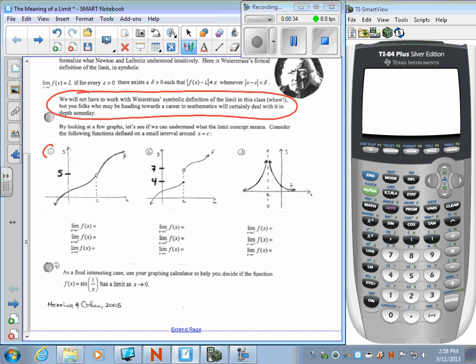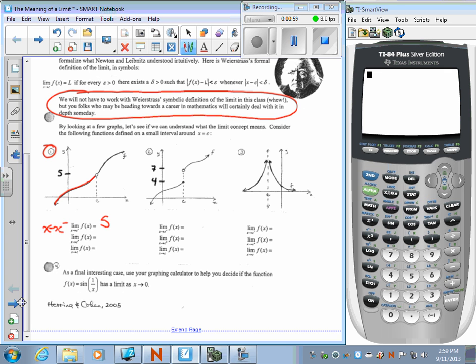So in number 1, we are trying to find the limit as x approaches c from the right. Excuse me, I think that's from the left. So I'm coming from the left side, I come over, and I come over, and that is what the limit is approaching as x approaches c from the left, and that value is 5.